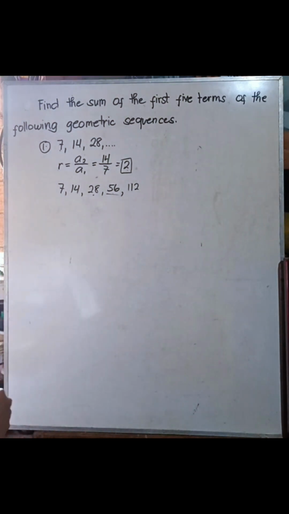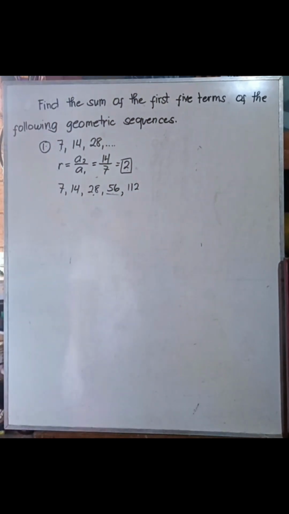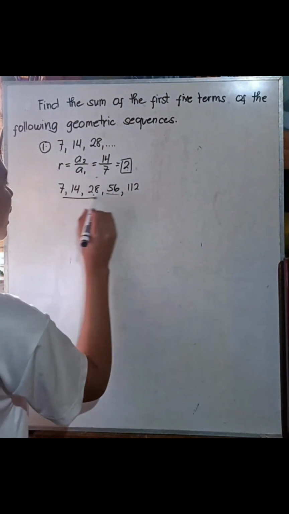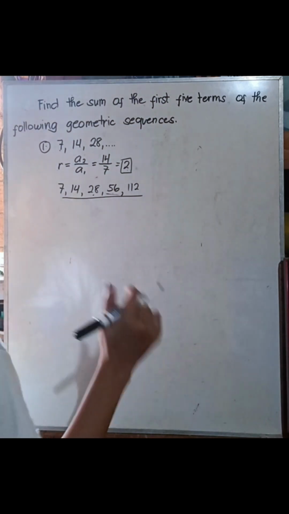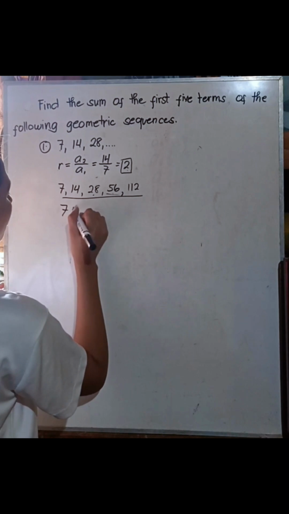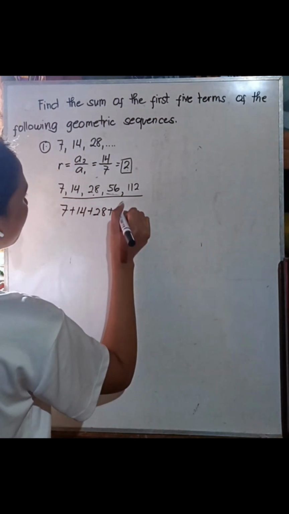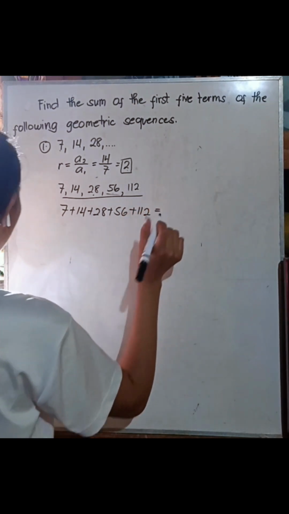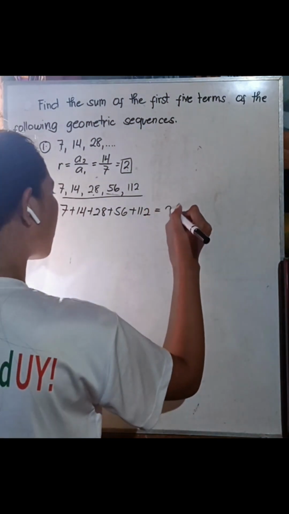And now, kay ang question is, find the sum of the first 5 terms man, mao may nakaingon, so atong i-add tanan. So, using katong technique ganiha, which is 7 plus 14 plus 28 plus 56 plus 112. Therefore, ang equal niya is 217.